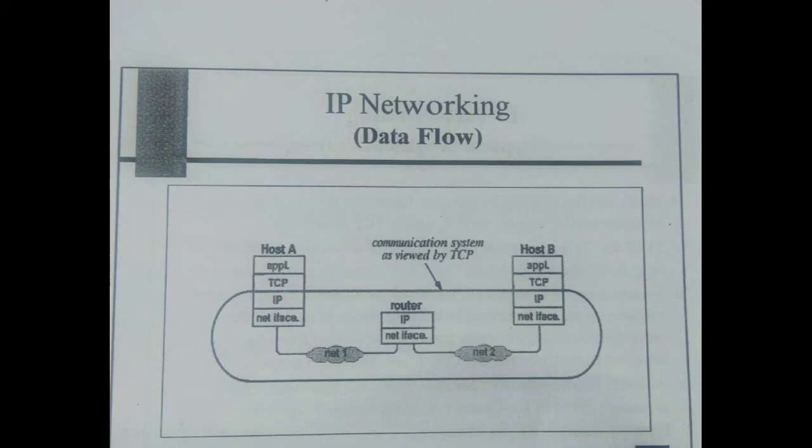We can see that they are peer to peer communicating, which means the application of host A and the application of host B are peer to peer communicating. And we have the communication system as viewed by the TCP/IP protocol. So whenever host A and host B want to communicate via a router, these applications come into the picture so that effective communication can take place between host A and host B.